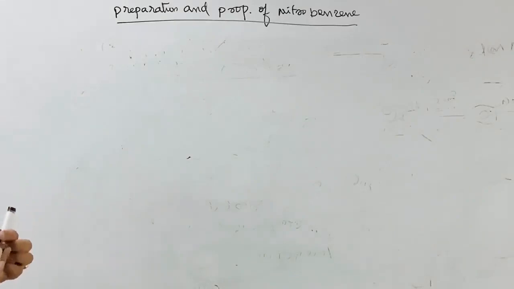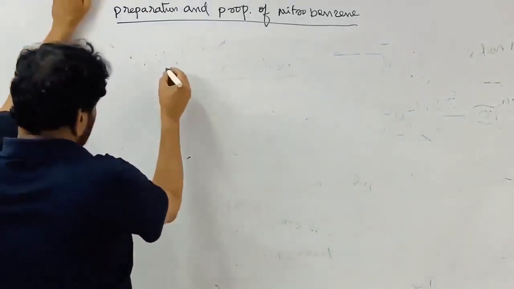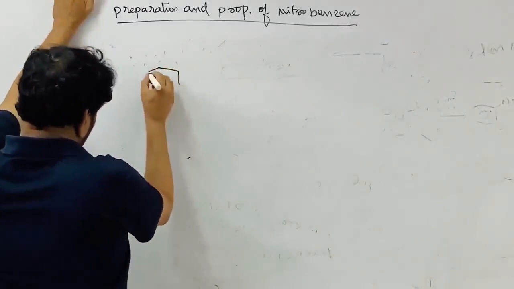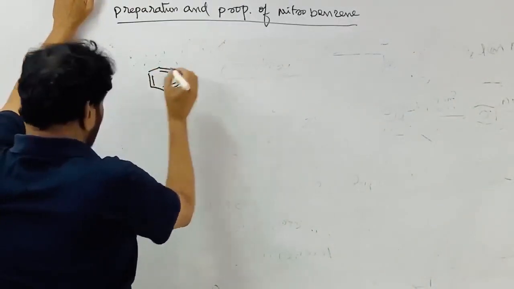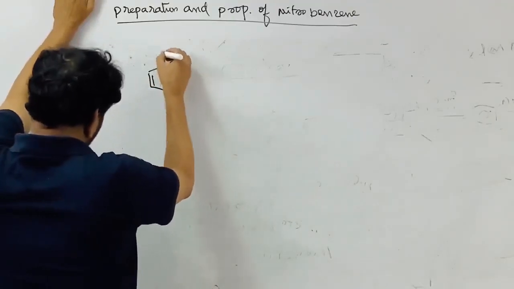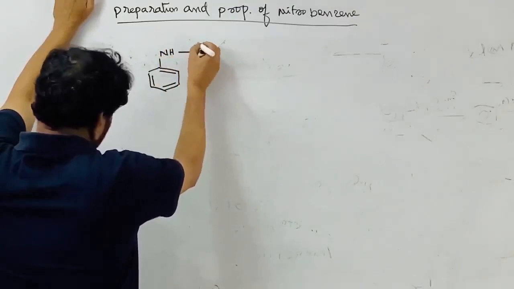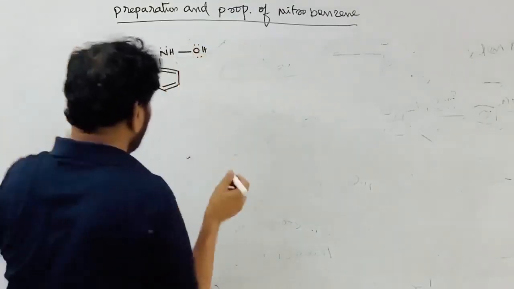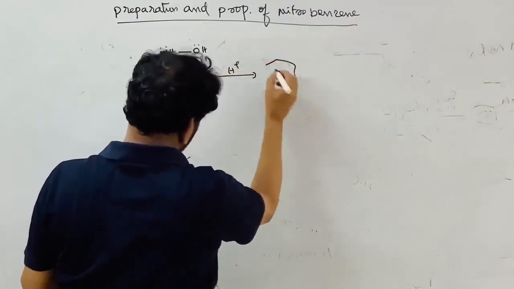The resulting phenyl hydroxylamine further undergoes rearrangement. Phenyl hydroxylamine is formed there as an intermediate, and it is protonated by the H plus ion.